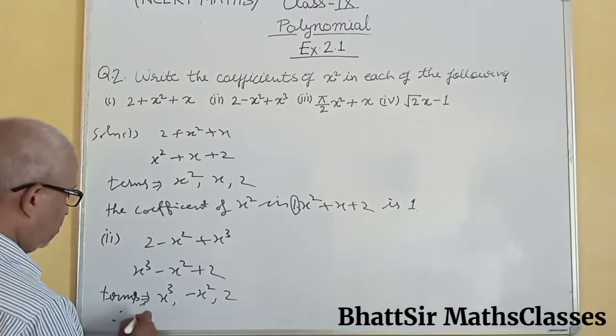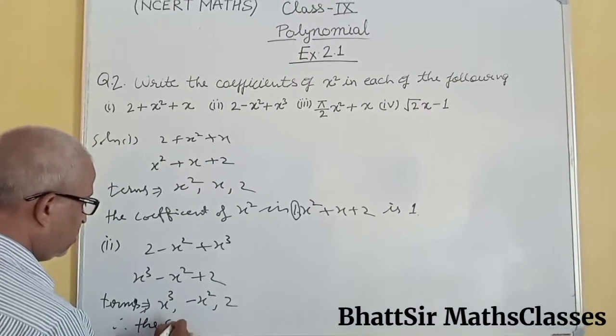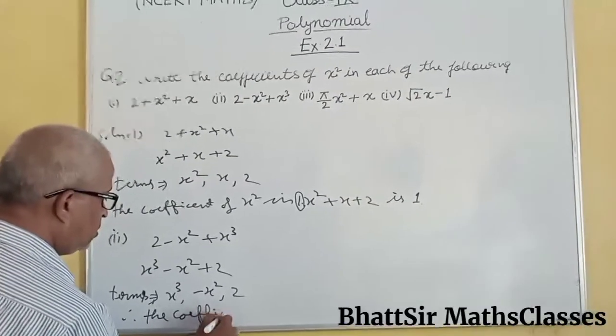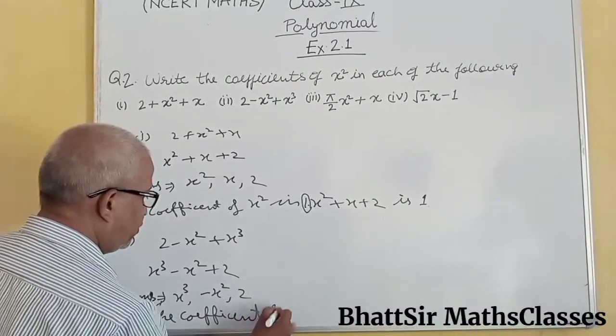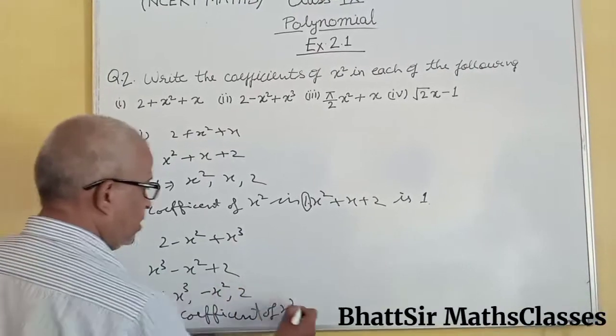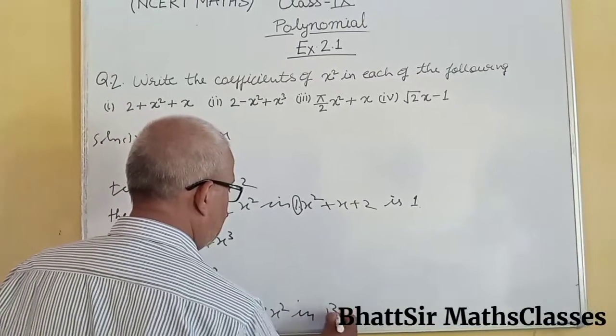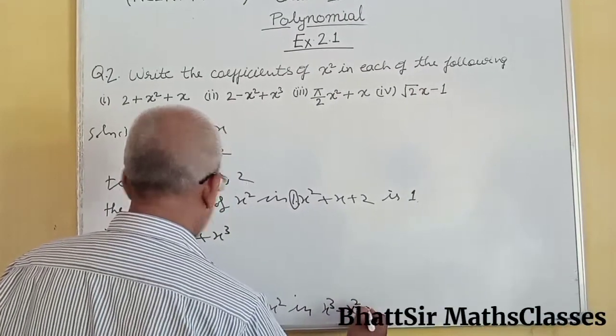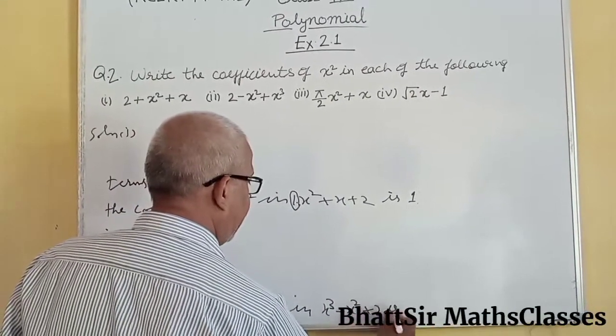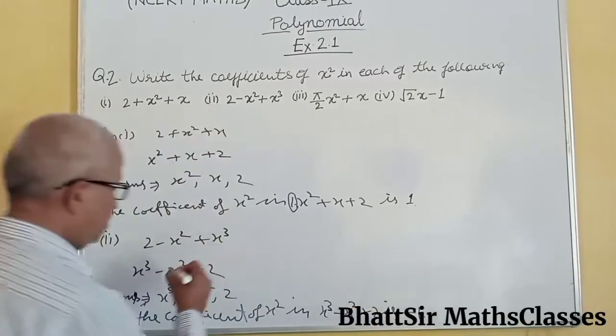Therefore the coefficient of x square in x cube minus x square plus 2 is minus 1.